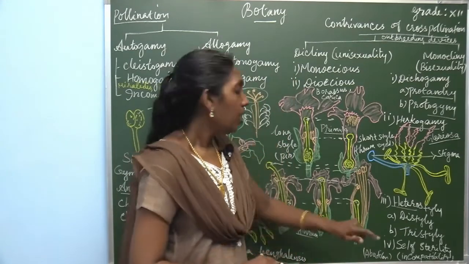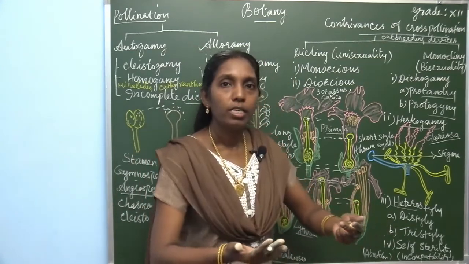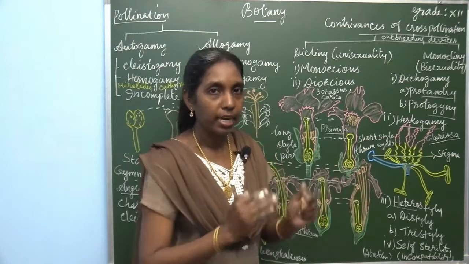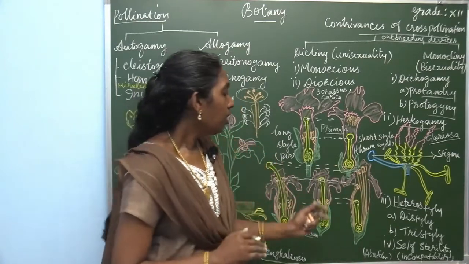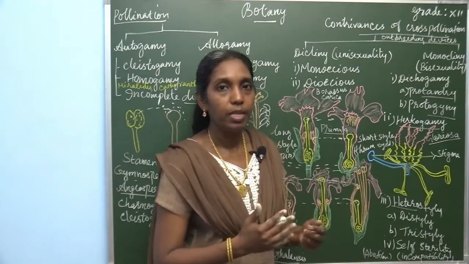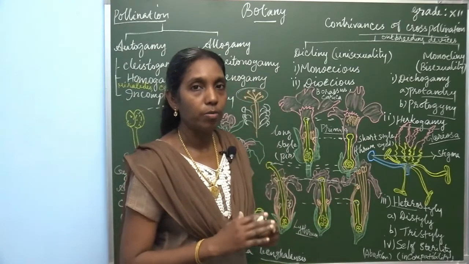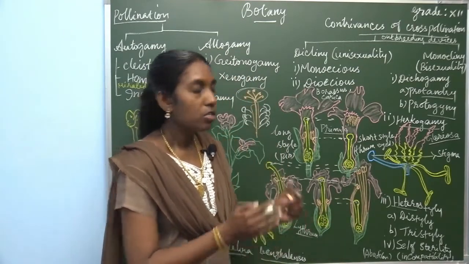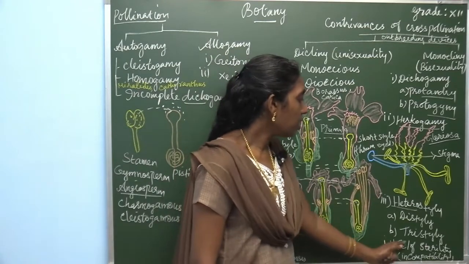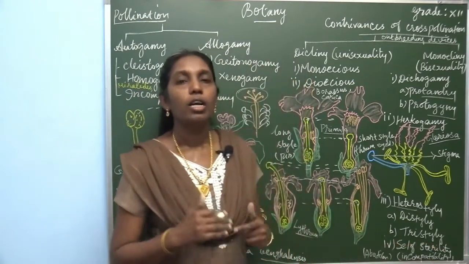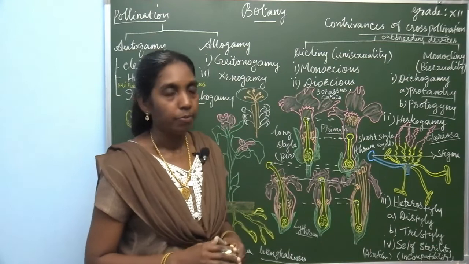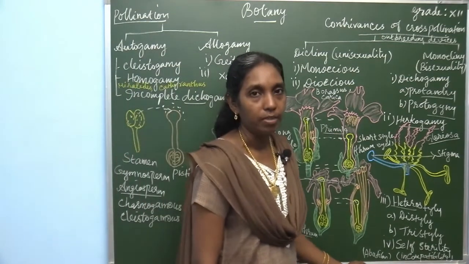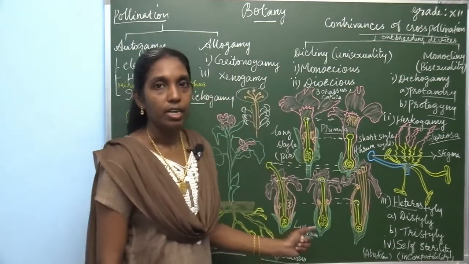In this, the transfer of pollen grains from anther to stigma is carried out, but the pollen tube does not develop, or pollen tube germination does not take place. Such flowers are called self-sterility or incompatibility. Example, abutilon.